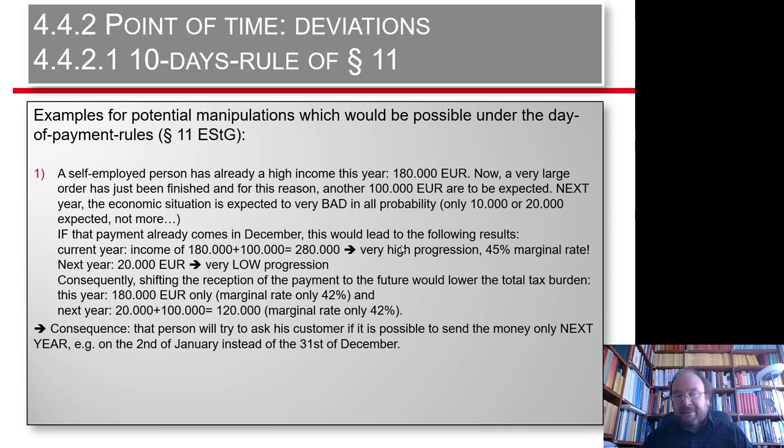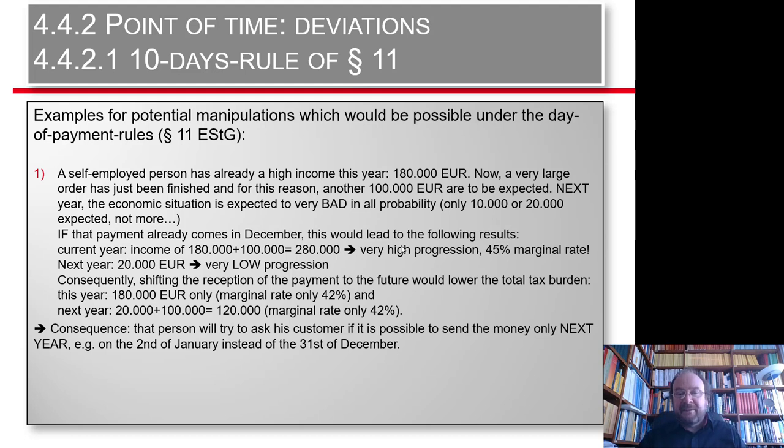Now, for next year, you can foresee that the situation will be near to a catastrophe. So you expect only 10 or 20,000 revenue at all. And so next year, the tax rate will be absolutely low under present circumstances.